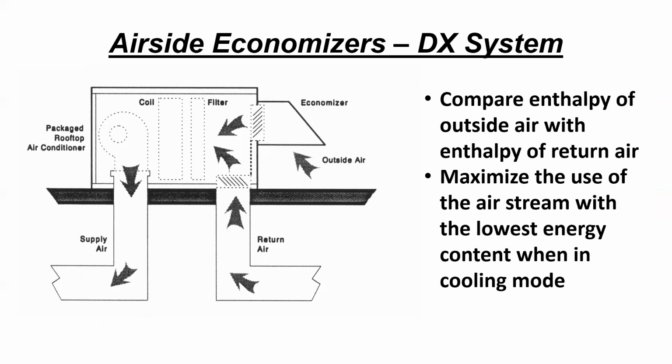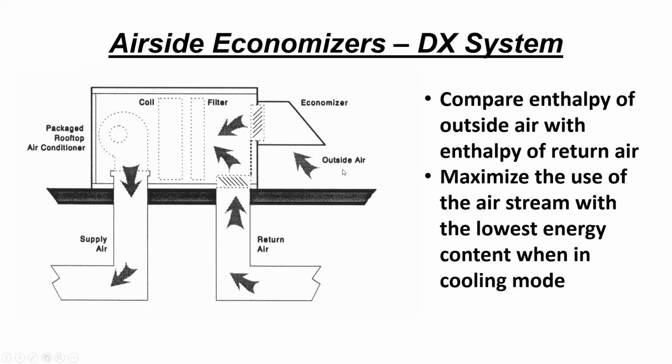One system uses an enthalpy sensor that measures the outside air enthalpy and the return air enthalpy. Based on that information, if the outside air is cool enough, and of course enthalpy considers the humidity content as well, we stop using the compressor and the condenser.